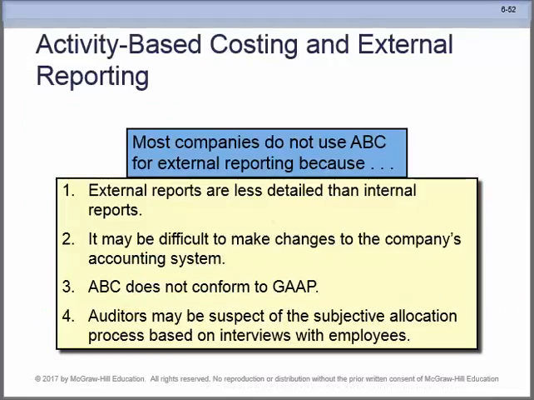Okay, so now the elephant in the room, the external reporting. A lot of companies don't use the ABC because, well, it's reason number 3, it doesn't conform to GAAP. External reports are less detailed than the internal reports. Remember in Chapter 5, we had the 3M reporting, and they kind of lumped together some of their different items.